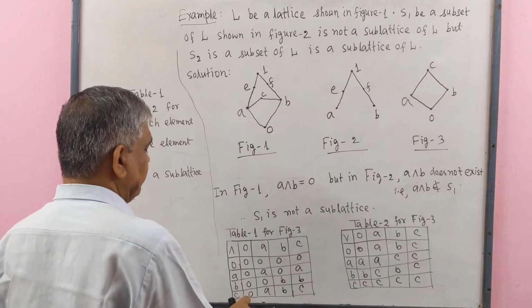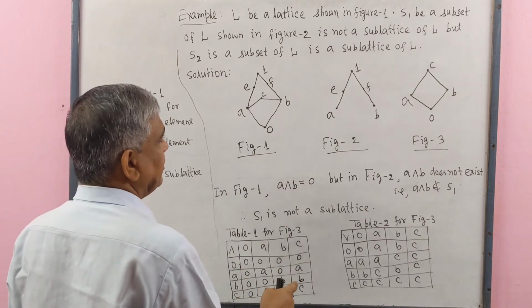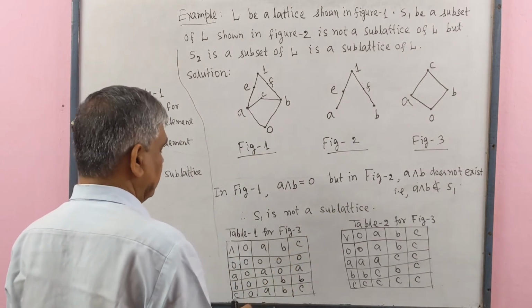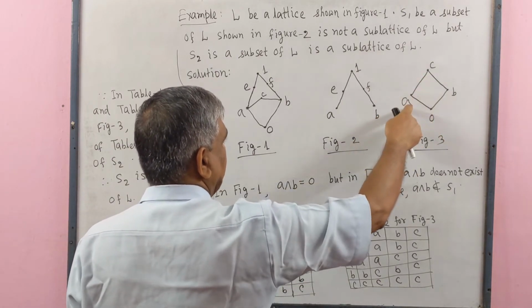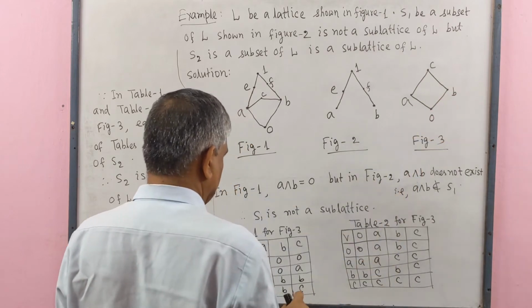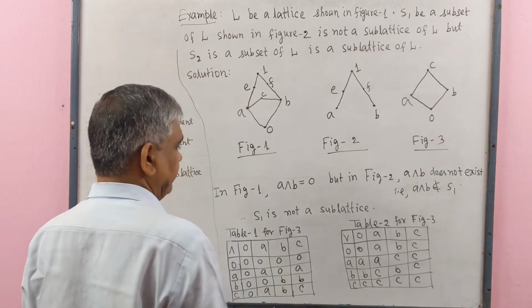And c meet any element is that element. c meet 0 is 0, c meet a is a, c meet b is b, and c meet c is c.